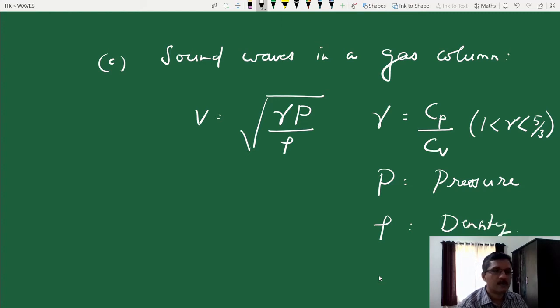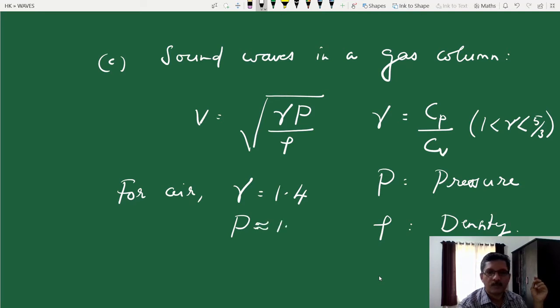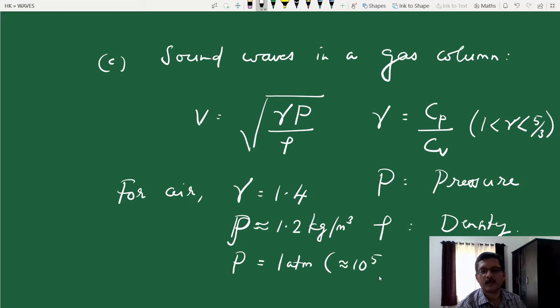Okay, let us do the calculation for air. Air contains mainly diatomic gases, so gamma is 1.4. Density of air is approximately 1.2 kilogram per meter cube, and take the pressure as 1 atmosphere, which is approximately 10 raised to 5 Pascal.